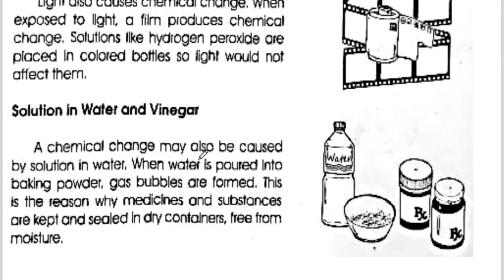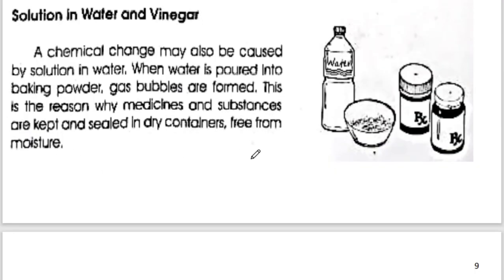This is the reason why medicines and substances are kept and sealed in dry containers, free from moisture. So, solution in water and vinegar is also an example of chemical change.